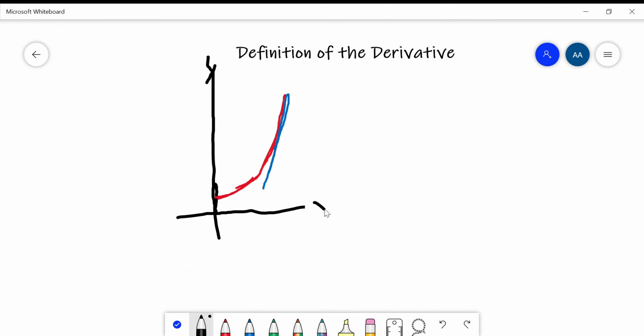This is the x-axis, and we have the y-axis. So with this, what can we determine? We can take both of the points, and both of the points are going to be, well, they're the same point in this case.